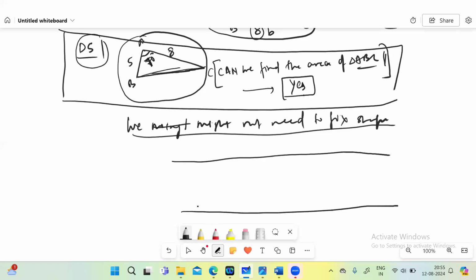So these two parallel lines are there, and there is a fixed base. This is the base, and let's call it BC. A triangle is being drawn between these two parallel lines, where one parallel line will have the vertex, and the other parallel line will have the base BC.